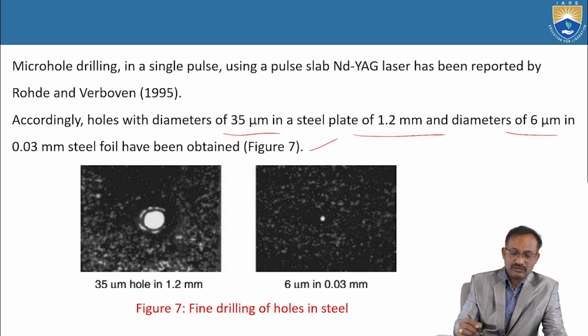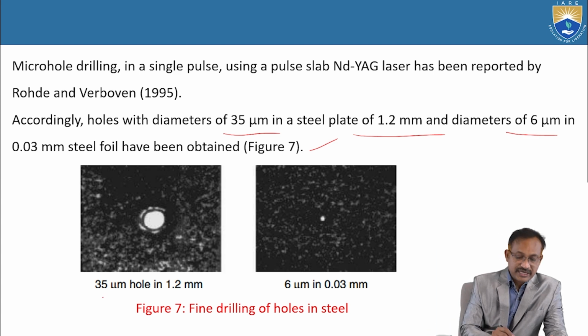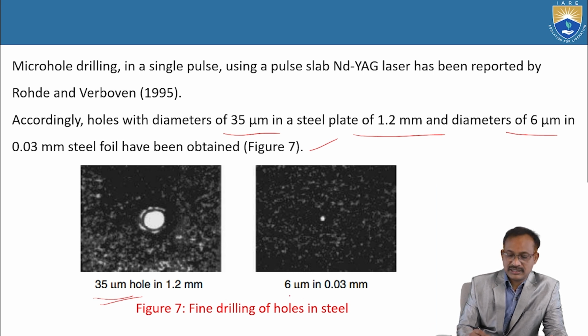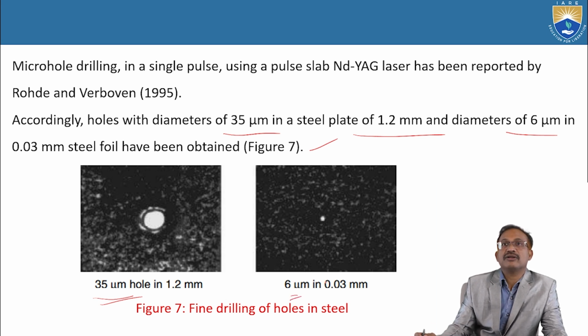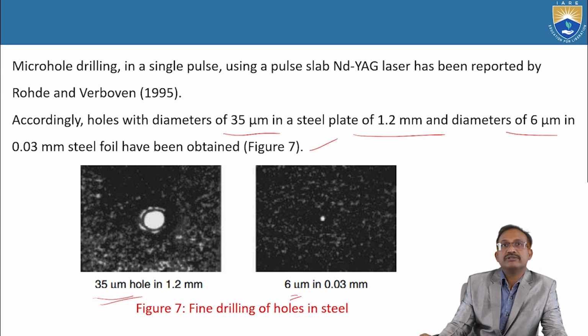See this figure: it gives the information about the 35 microns hole in 1.2 millimeters. Here this is 6 microns in 0.03 millimeters. So this is about fine drilling of holes in steel. This comes under micro hole drilling.